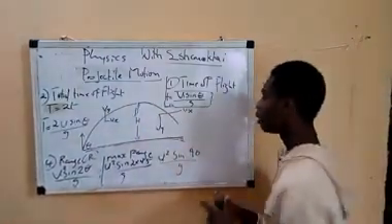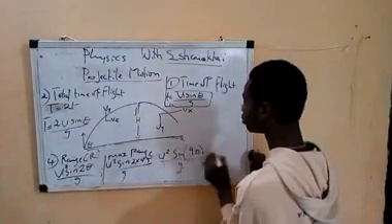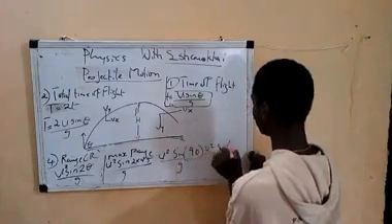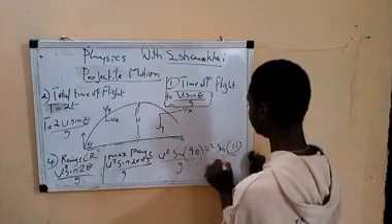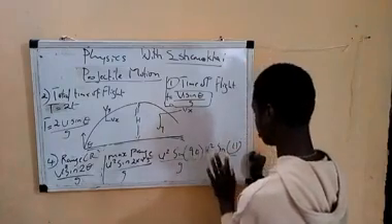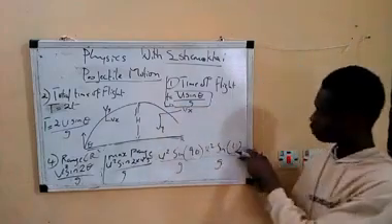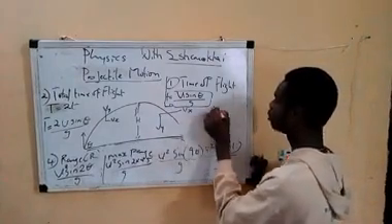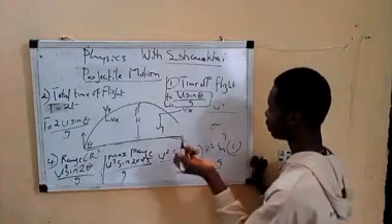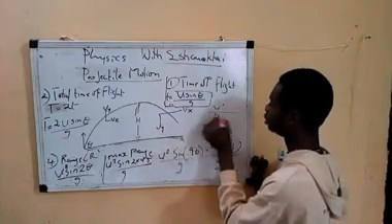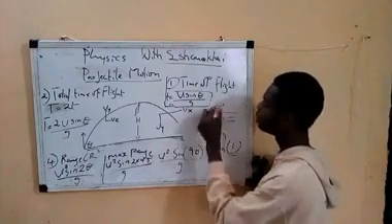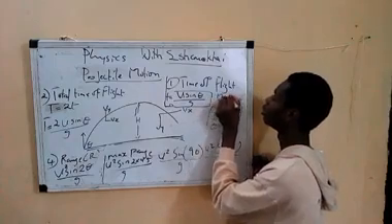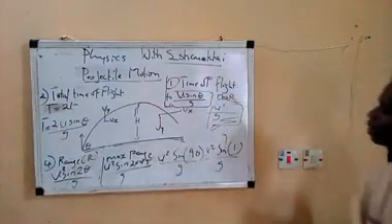So if sine 90 is 1, the answer will be u square over G. So this is your formula for maximum range. This is the formula for maximum range.